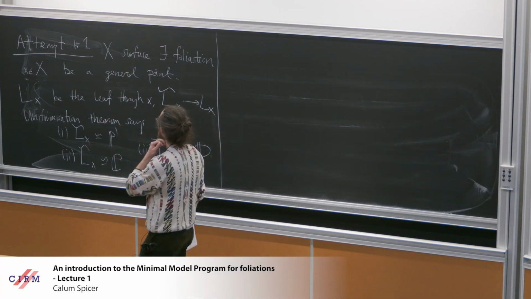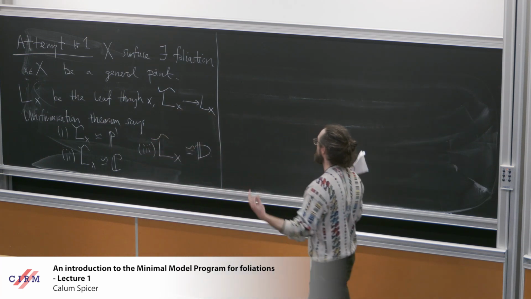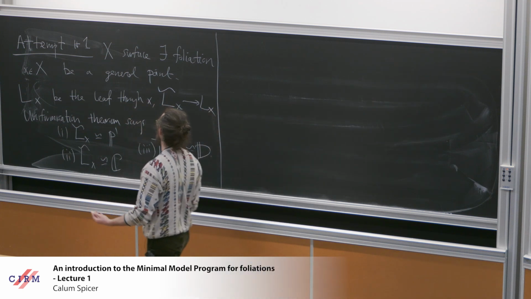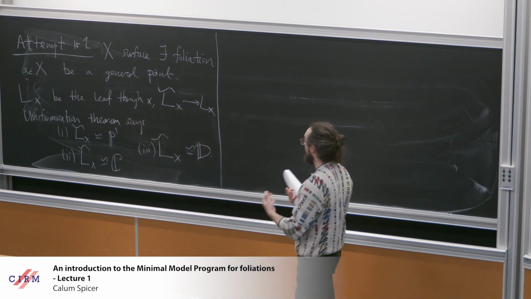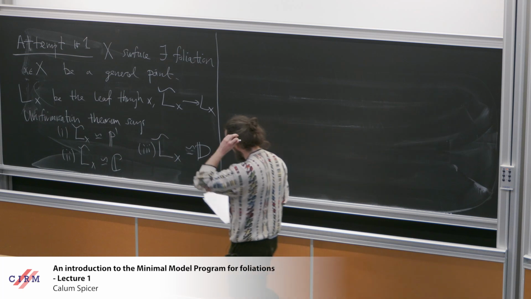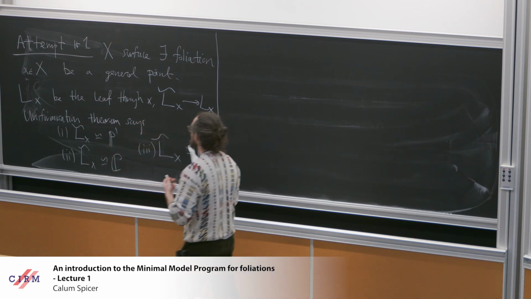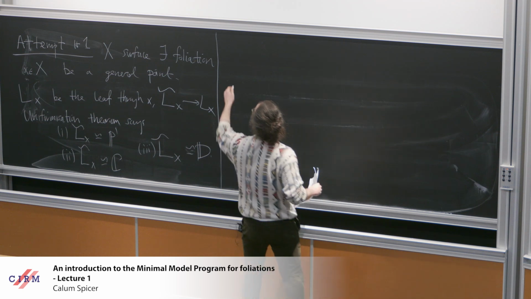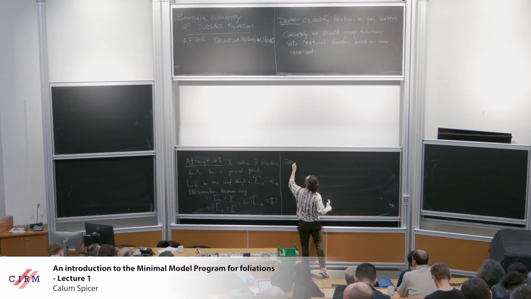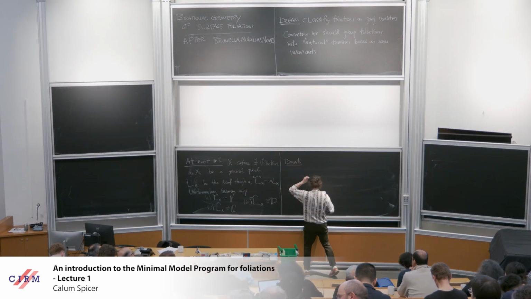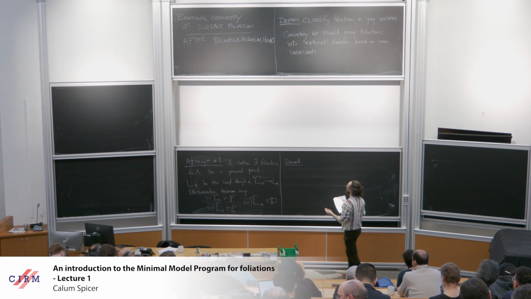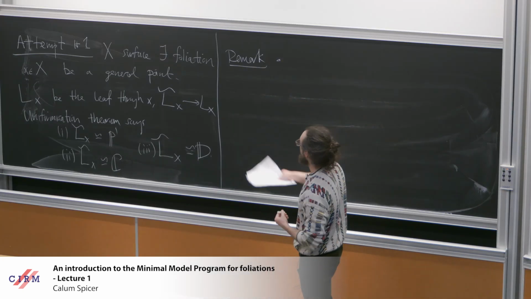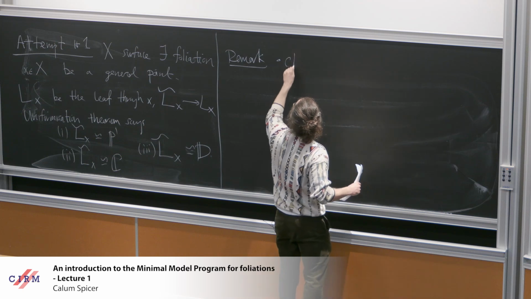So this is our first pass at maybe grouping foliations. We think, well, maybe we should group foliations into three basic classes based on what the behavior of a general leaf is. This approach has some benefits and some downsides, so I want to make a few remarks about attempt one. One is just that the classification is birational in nature, by the way I've set it up.